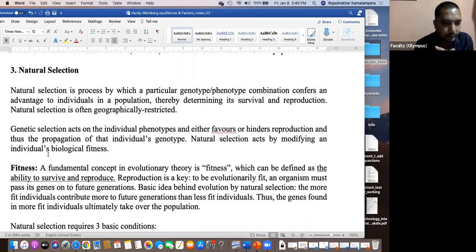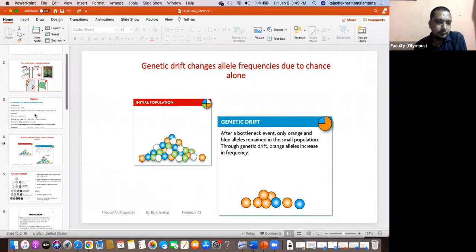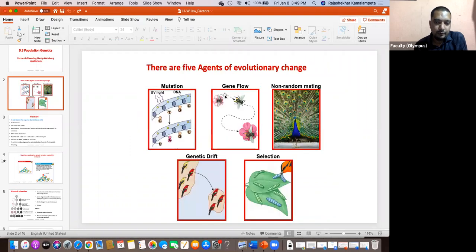So next we'll talk about natural selection, one of the factors. We finished mutation, gene flow, and non-random mating. We need to talk about natural selection and genetic drift.